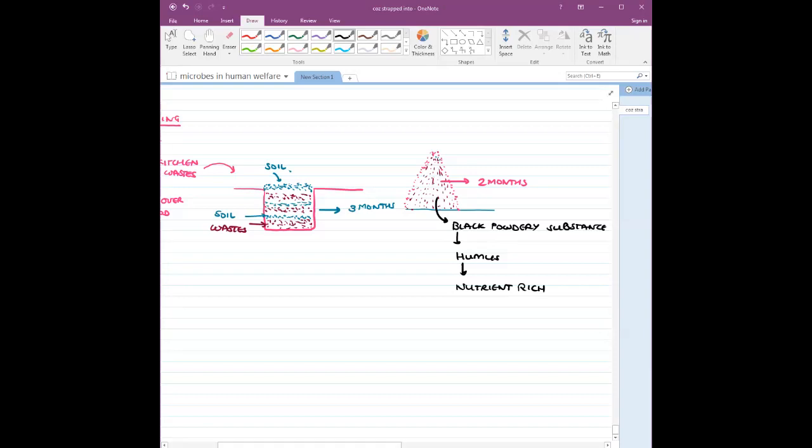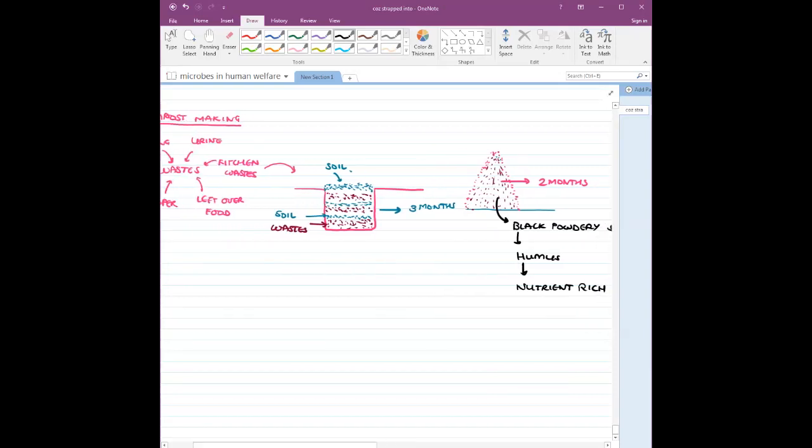Now who all are going to be working over here? There are many bacteria and many other organisms here, so I will just randomly write them out. We are going to have bacteria, fungi, and some very important bacteria called Acinetobacter.